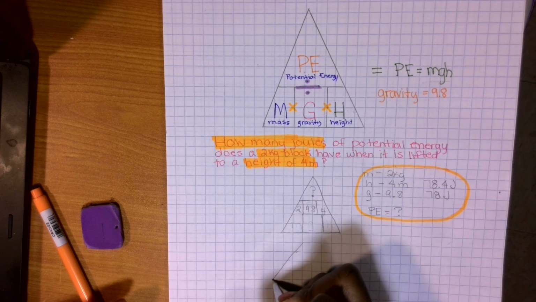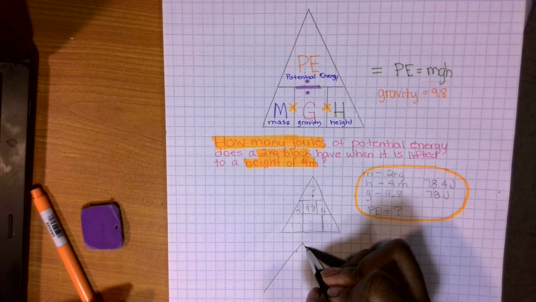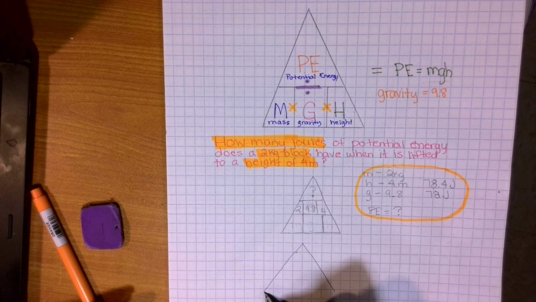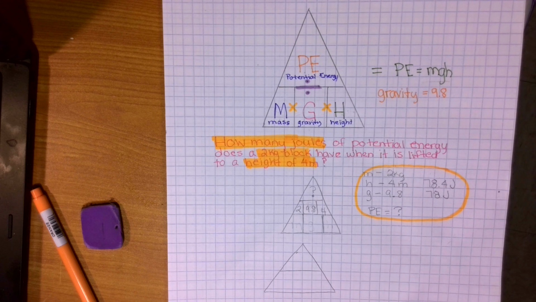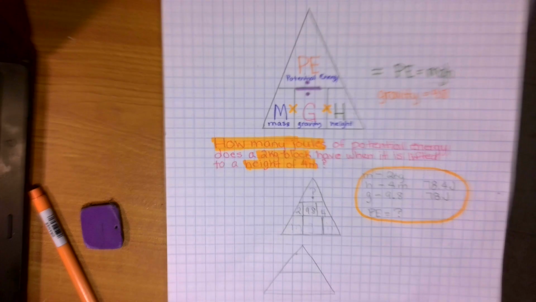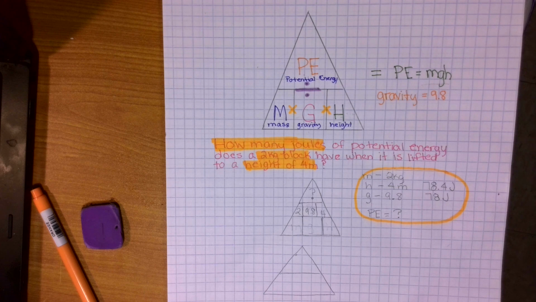So I'm going to make a magic triangle. And I'm going to read this problem. I'm not going to write out the whole problem. But it says Samuel is standing on a diving board that is 5.7 meters high.